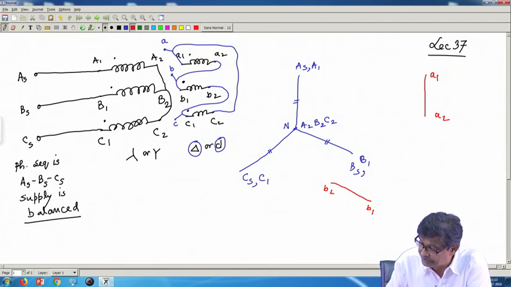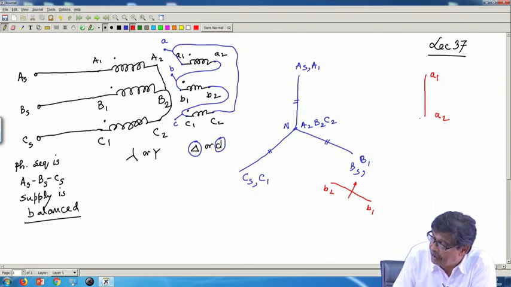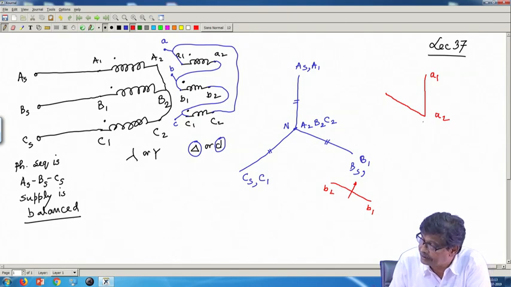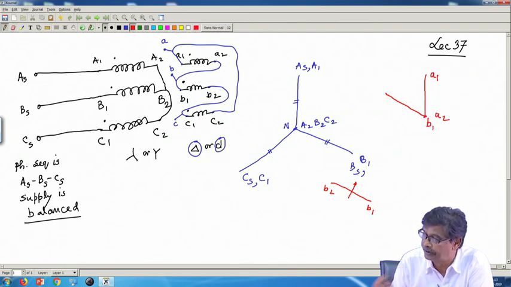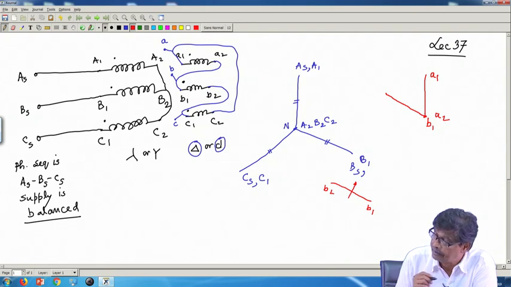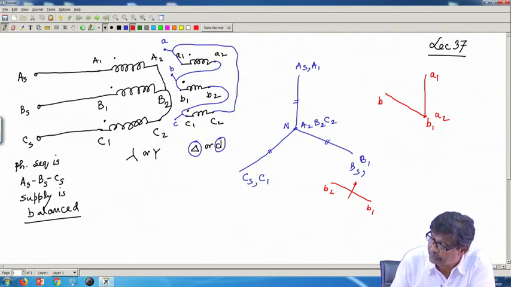So, I will shift this fellow parallelly and bring it here like this, such that A2 and B1 are joined. So, I must write it here B1. So, B1 A2 is this point. So, b1 b2, got the point, parallel to this.